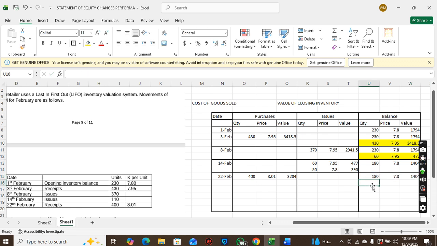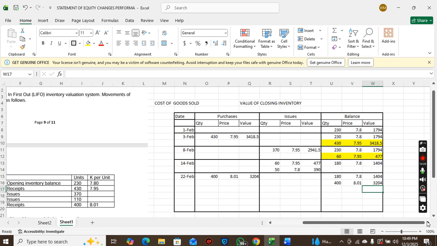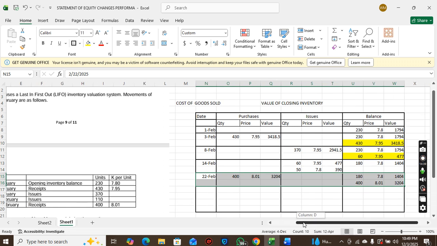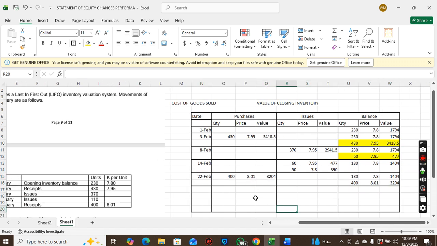Now we brought in 400 units valued at 8.01. 400 multiplied by 8.01, 3,204. All right.